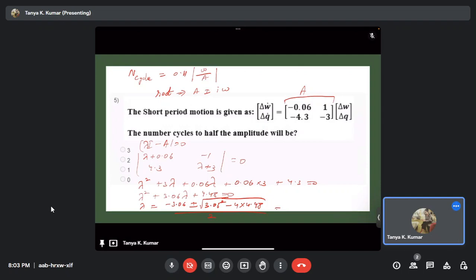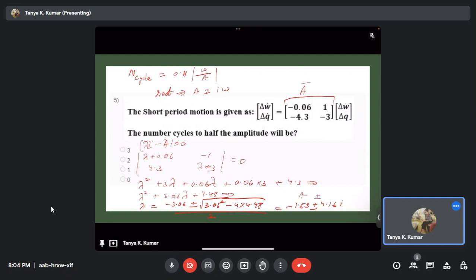What are the roots? Minus 1.53 plus or minus 4.16 i.